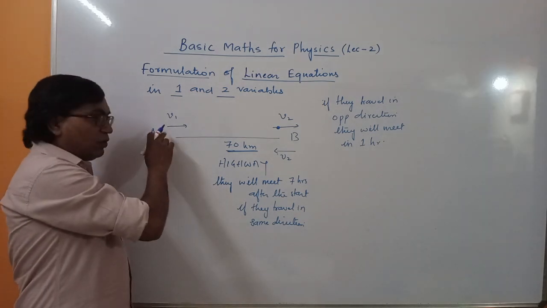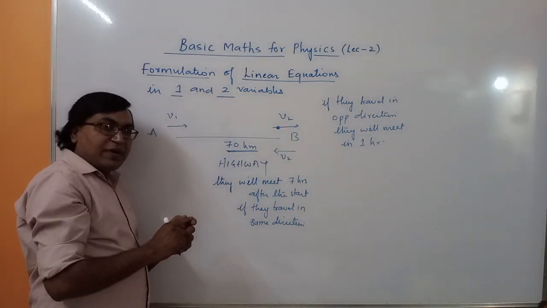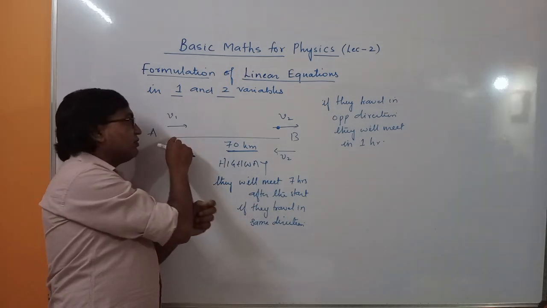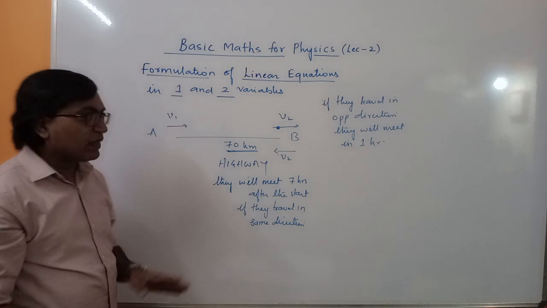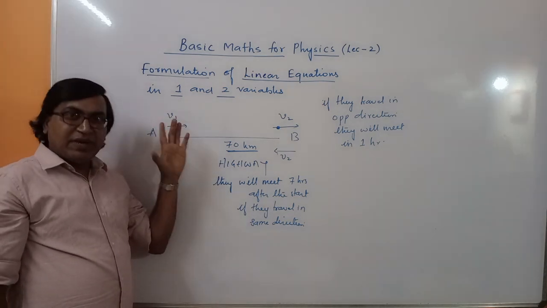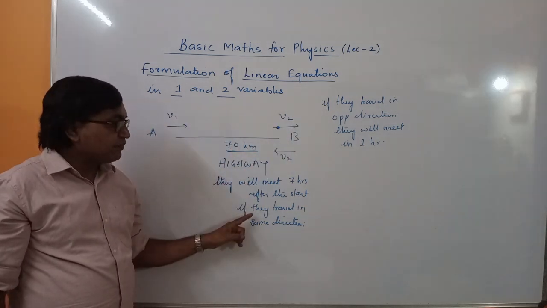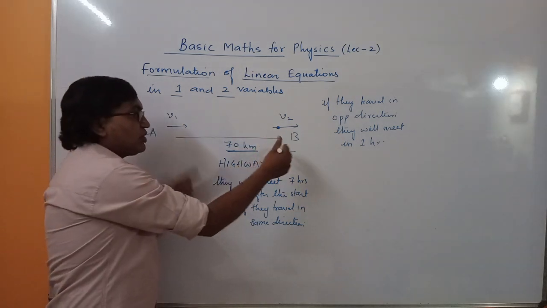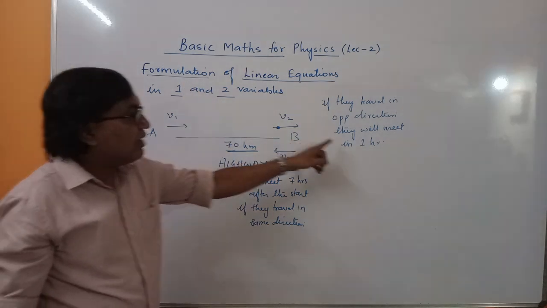So there are 2 points on a highway 70 kilometers apart, and two cars. One car will start from A, another car will start from B with some speed, and if they start simultaneously and travel in the same direction, they will meet after 7 hours. And if they travel in opposite direction, they will meet after 1 hour.